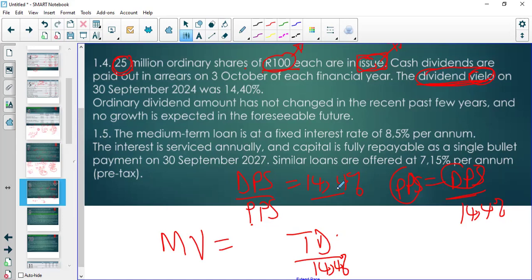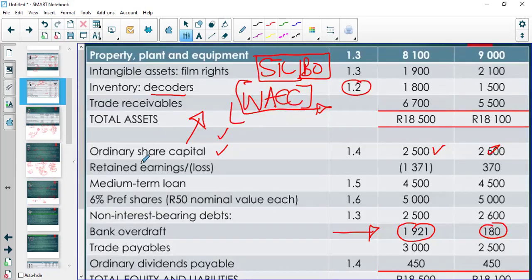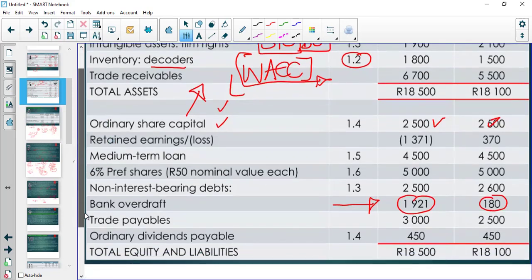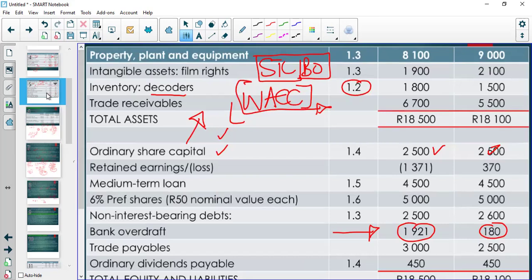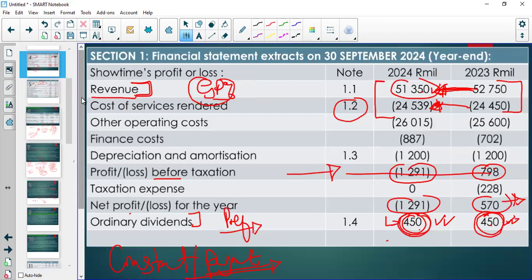All right. So depending on what we are given, I think we are given the dividends, right? It's 450, and I don't know what that 450 is. Right, this is in millions, so that's 450 million.